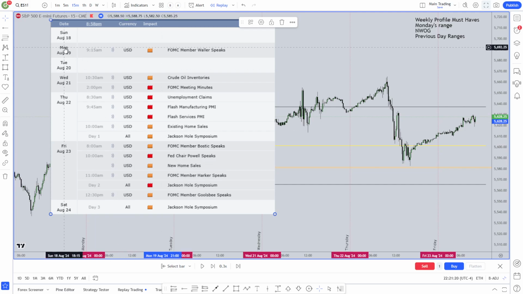Okay, so no news Monday, no news Tuesday. Everybody's waiting for unemployment claims flash, and then Friday we've got Fed Chair Powell in the morning. Jackson Hole day 2 is all day. Last news event is 12:30 on Friday. So we're looking at AM setups, 10 o'clock on Thursday and 12:30 p.m.